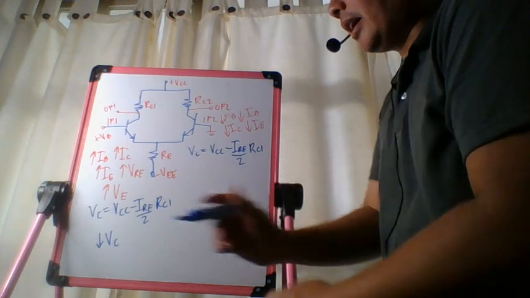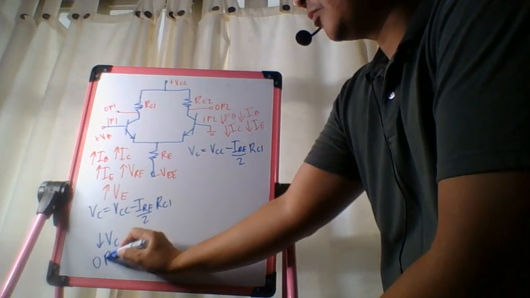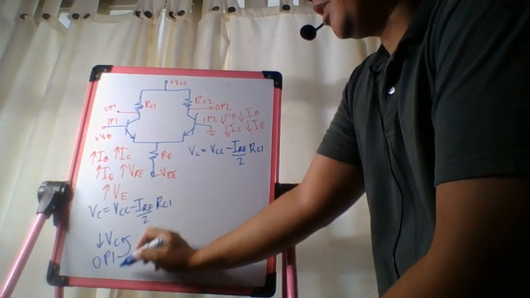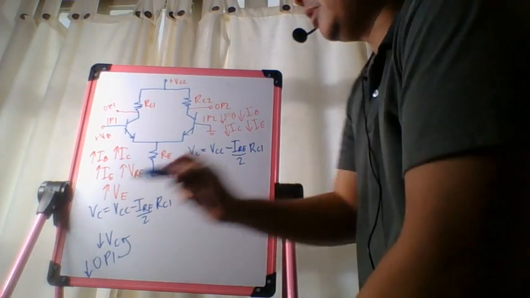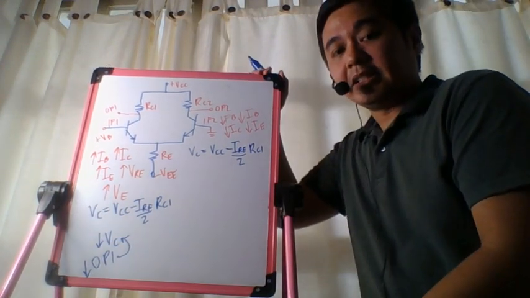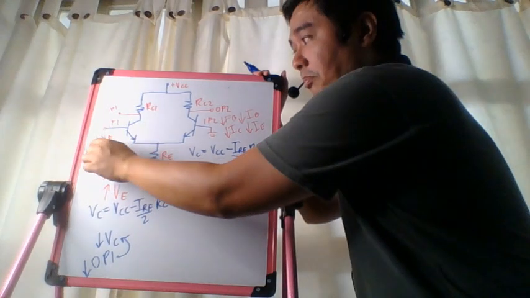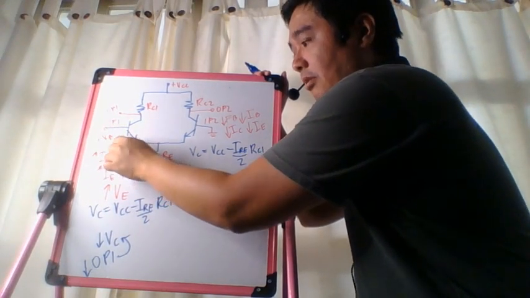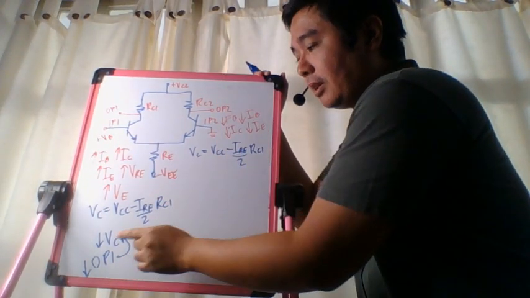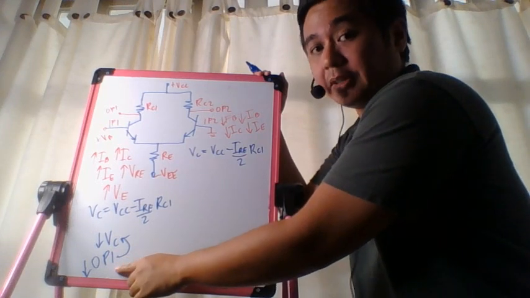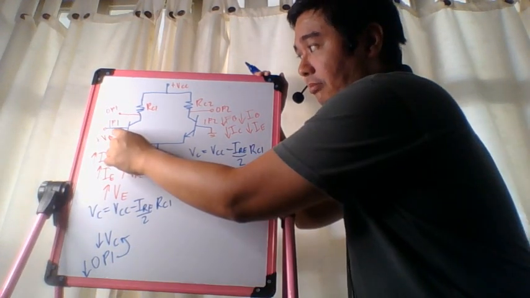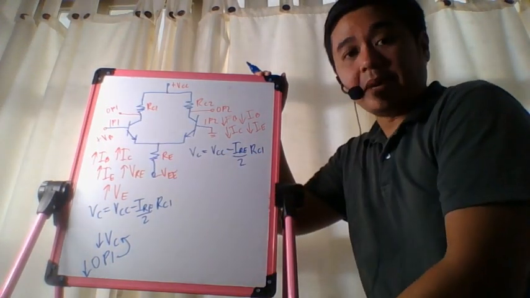Ibig sabihin, ang output number 1, which is also equal to your VC, will also decrease. Okay? So ulitin natin, no? Yung positive potential dito sa base, ultimately, will lead to a lower output voltage. Tumaas yung input, but the output bababa.